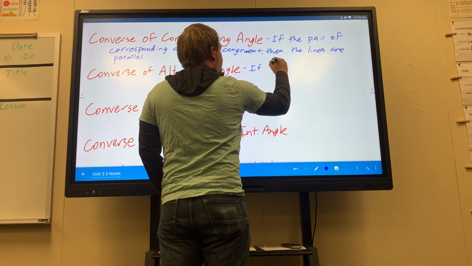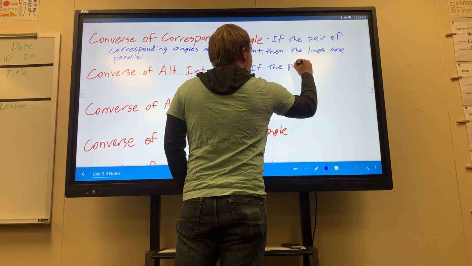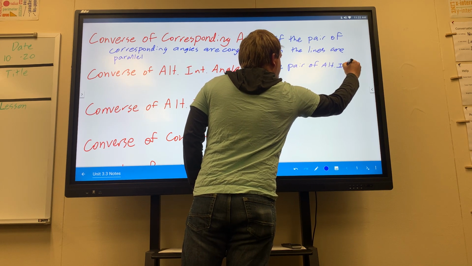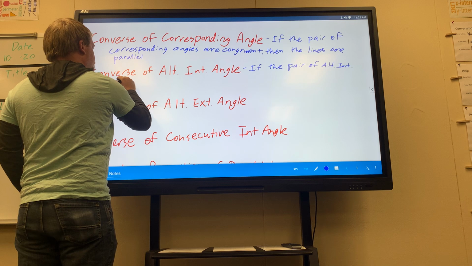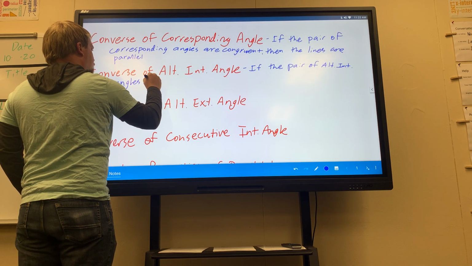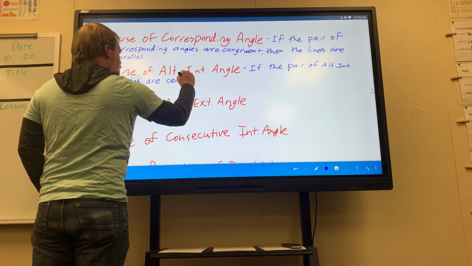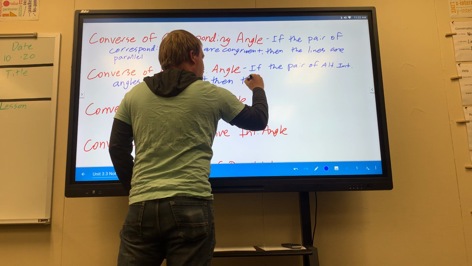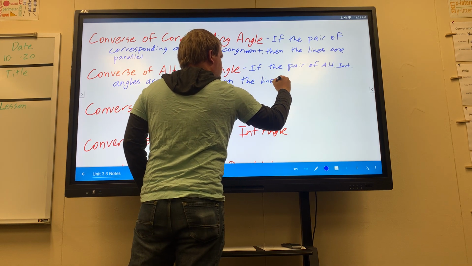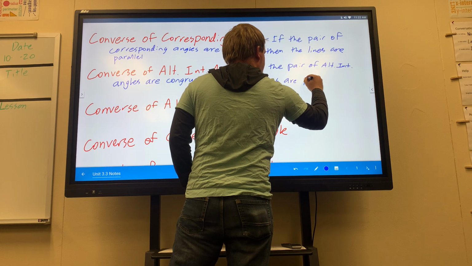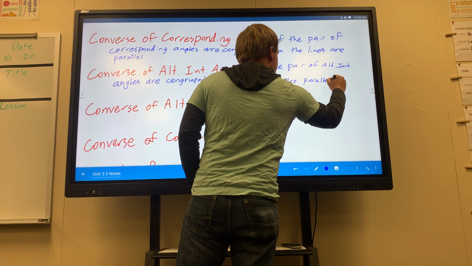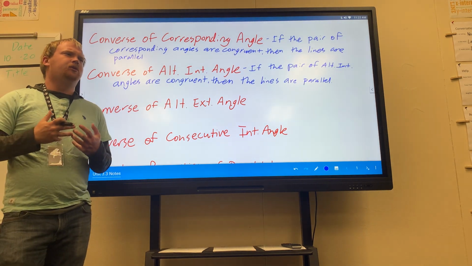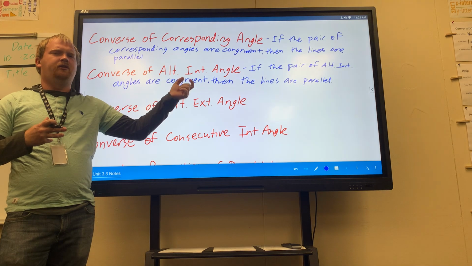So just to write it down, if the pair of alternate interior angles are congruent, then the lines are parallel. Okay? So the converse does work the same way for alternate interior angles.